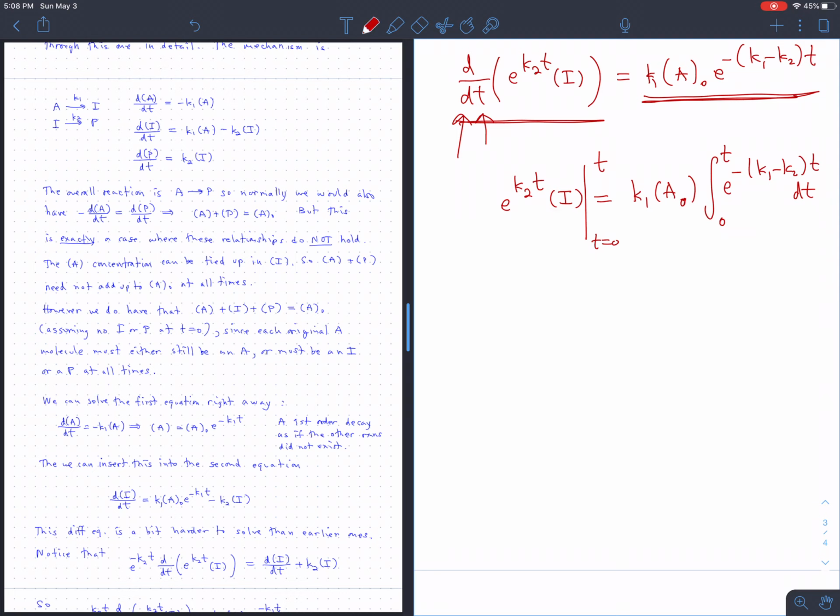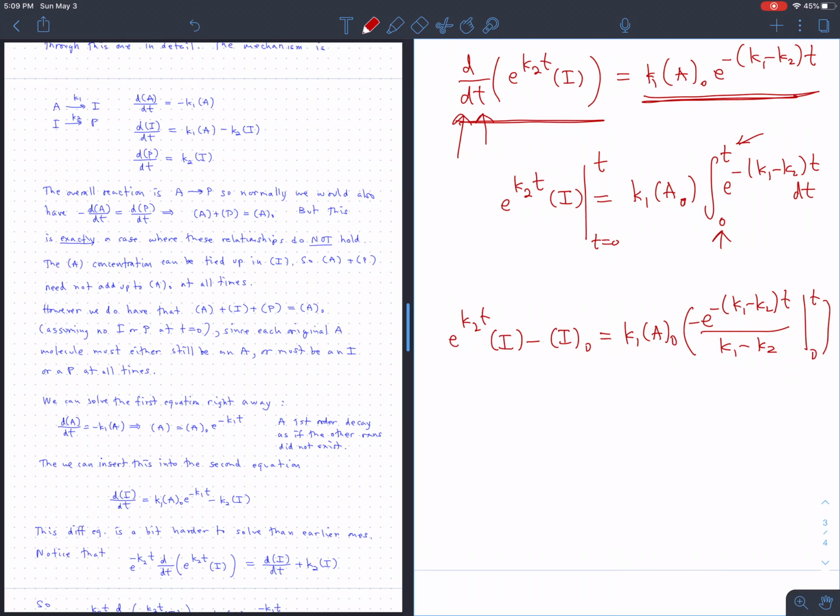All right, so redoing that, that becomes e to the K2t times I minus I0 equals K1 times A0 times e to the minus K1 minus K2 t over K1 minus K2 evaluated between 0 and t.